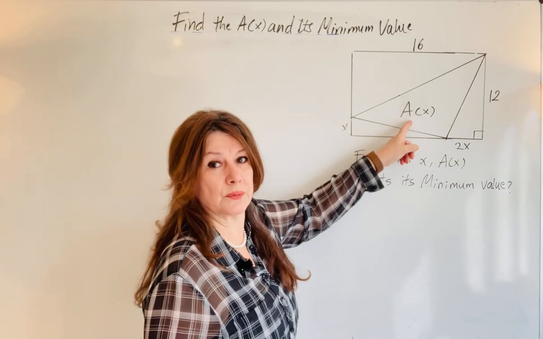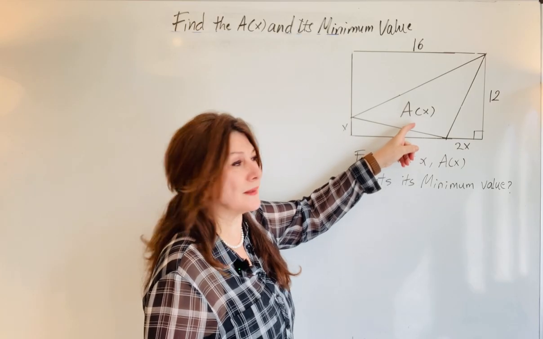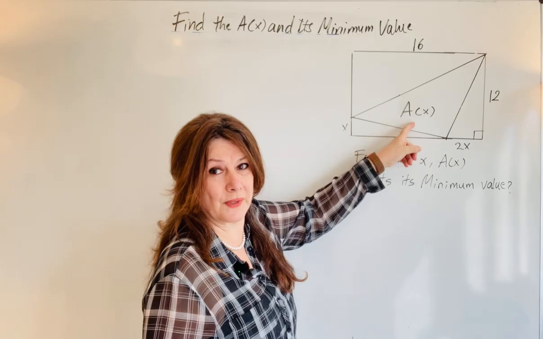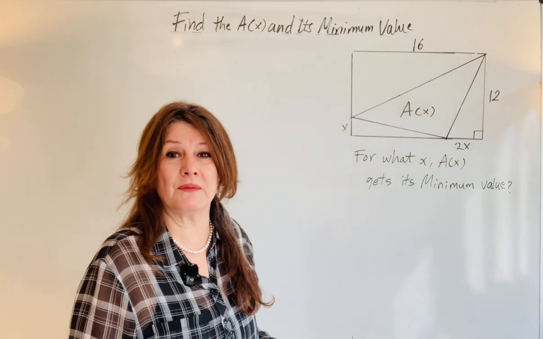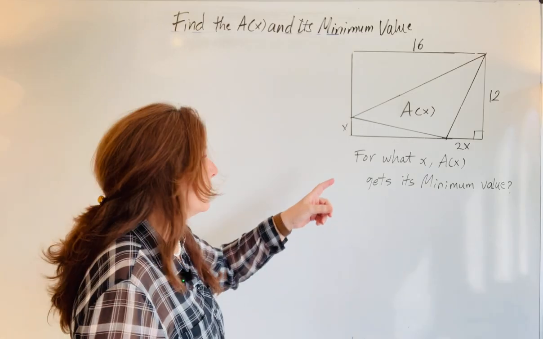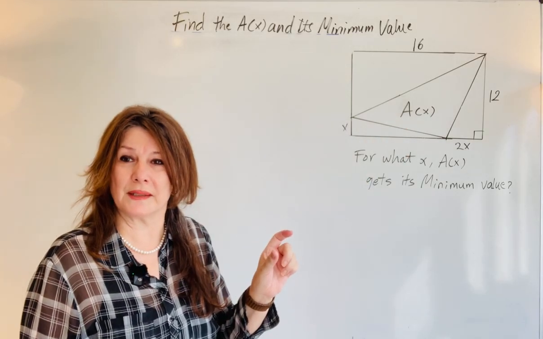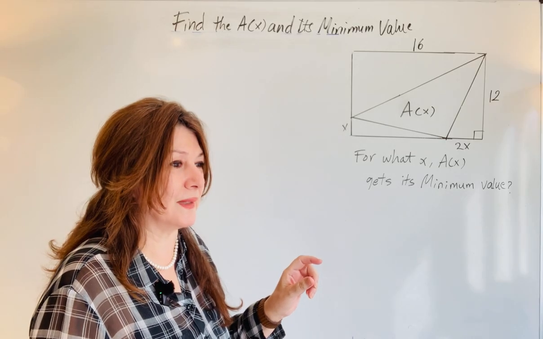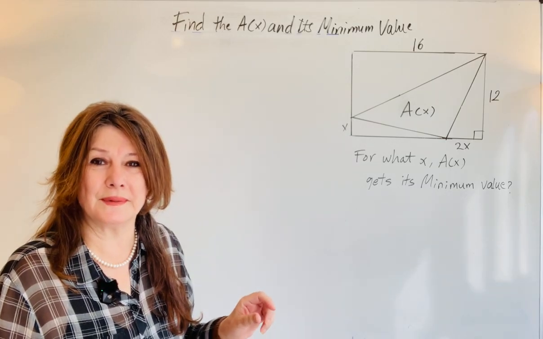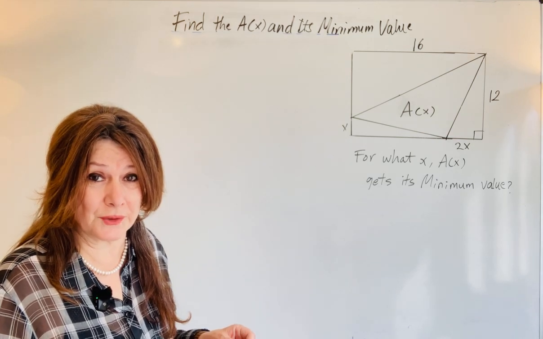We find this, and this is the function of this triangle. And the next question is, what is the minimum value of this? We want to know what is the x when A of x gets a minimum size. This is minimum maximum, and this is related to taking the derivative. Yes? Okay, step by step I'm going to show you.